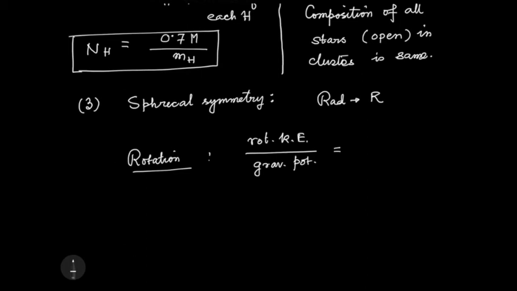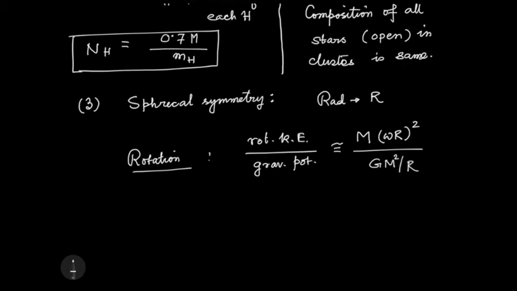Now, when I'm doing this calculation, I'm just trying to do an order of magnitude estimate, so I don't need to be very precise. So this is mv square. V for rotation is omega times r. I even forget about that half here. And this is GM square by r.